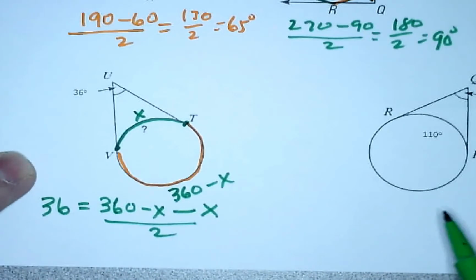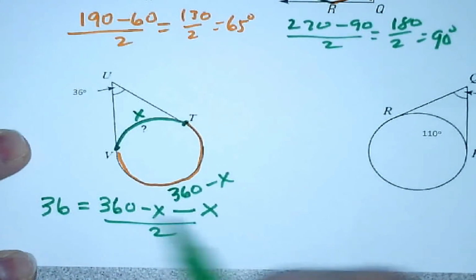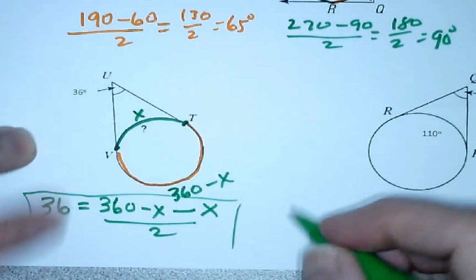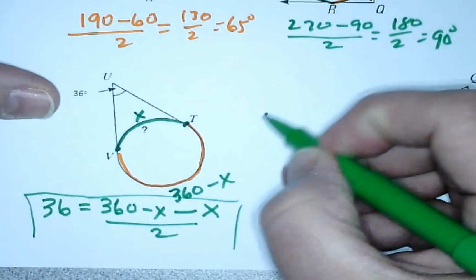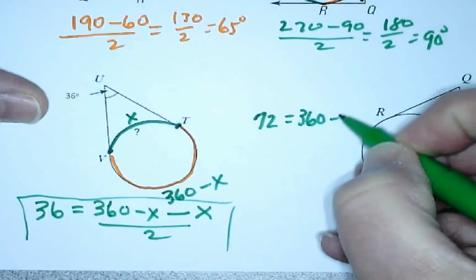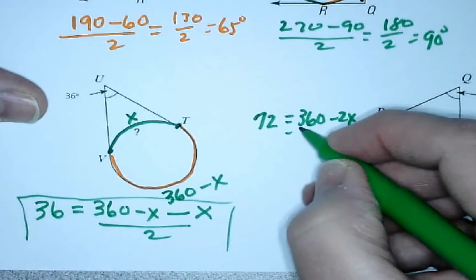This is not the shortcut, by the way. I'm just showing you the full way here. Okay, so we've got this little equation we've got to solve. So 36 equals this. So we can multiply by 2 to get rid of the fraction piece. Okay, I'm going to do it right up here. 72 equals 360 minus 2x. I'm going to combine those like terms. I'm going to subtract 360.